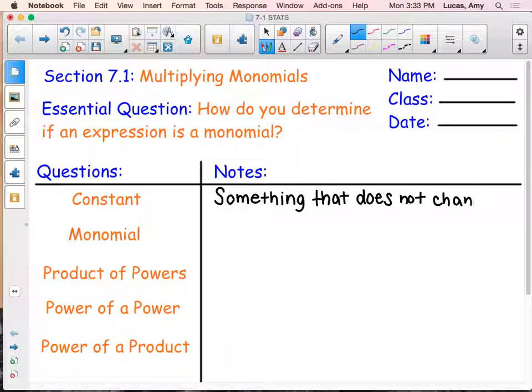So an example of a constant in math class would be a number, like the number 3 or the number -5, a number that you know the value of, so it doesn't change.